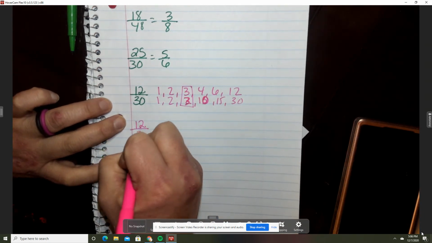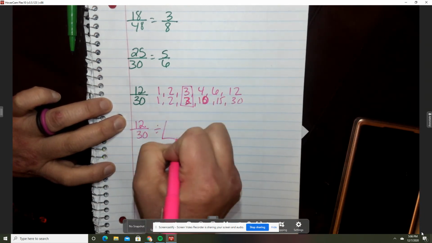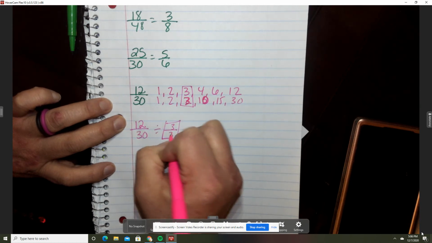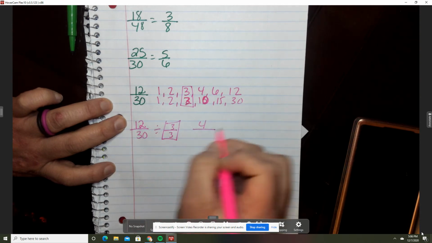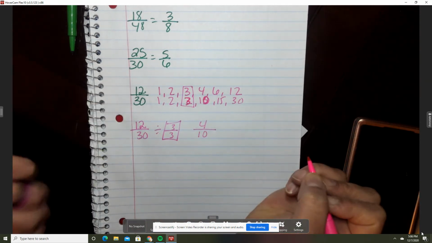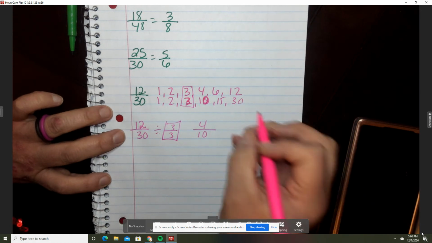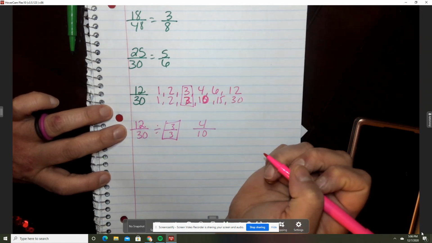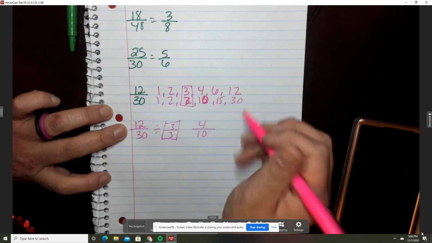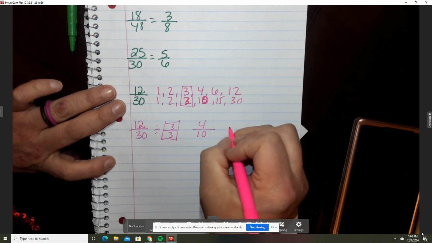Sweet goodness. And if I put these in my magical box to divide, 12 divided by 3 is 4. 30 divided by 3 is 10. 4/10. Could I go lower? Absolutely. I forgot. I missed 6. I should have done 6 in there. I'm sorry, guys. It is so hard to concentrate right now with this dog.